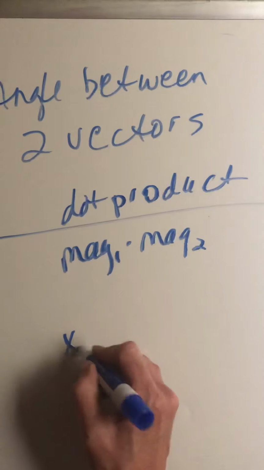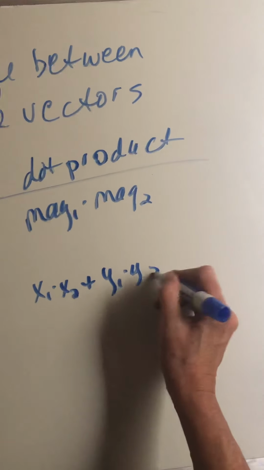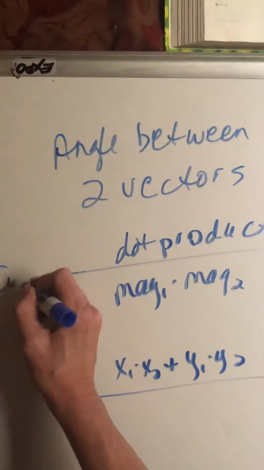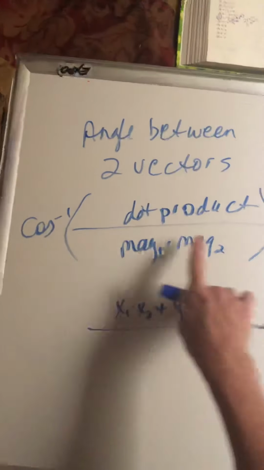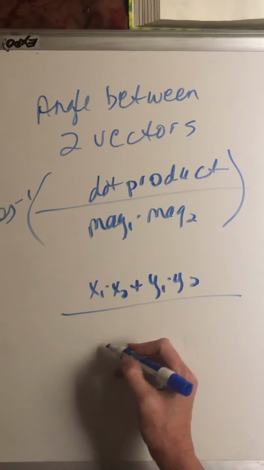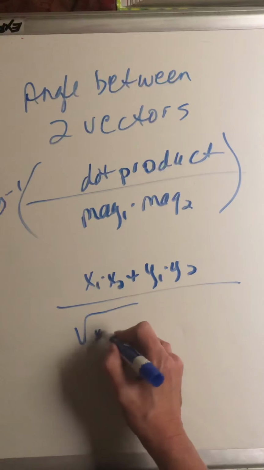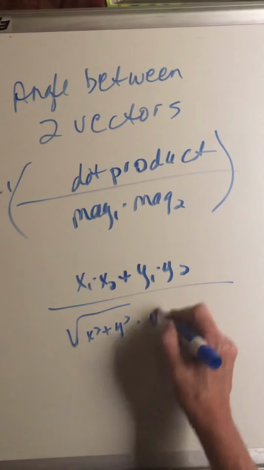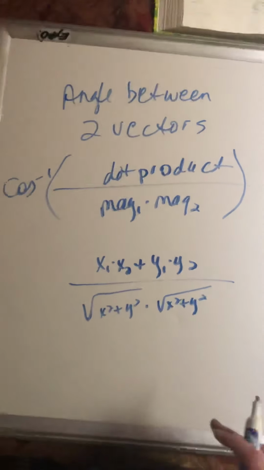So dot product, x1 times x2 plus y1 times y2, all divided by, actually, it's the inverse cosine of all of that, because we have to find the angle. So it's the inverse cosine of the dot product over the magnitude of the first one times the magnitude of the second one. And then this would be like, well, it's just magnitude. It's square root of x squared plus y squared times square root of x squared plus y squared. So that's how you find the angle between two vectors.